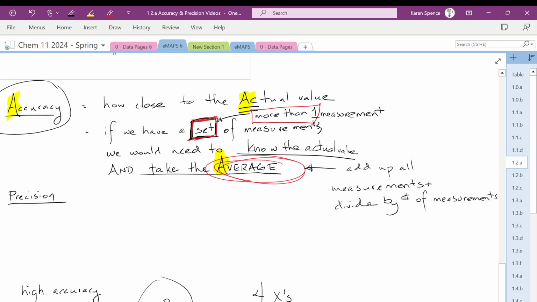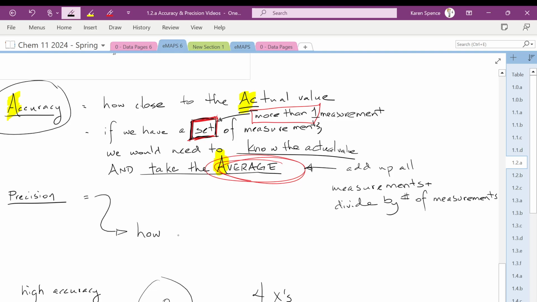Precision. Anyone want to define precision for me? Yes? Yeah, so for precision, you need to have several values and they all have to be consistent with each other. So it's how close a series of measurements are to each other.